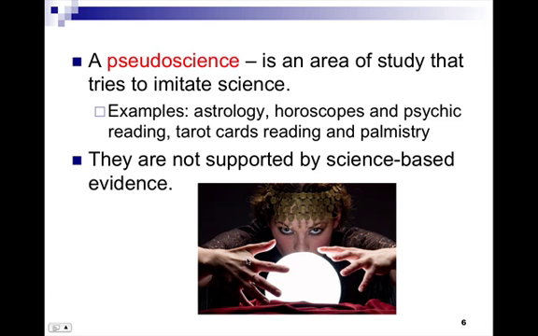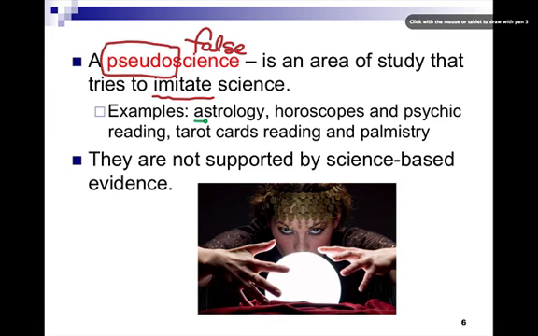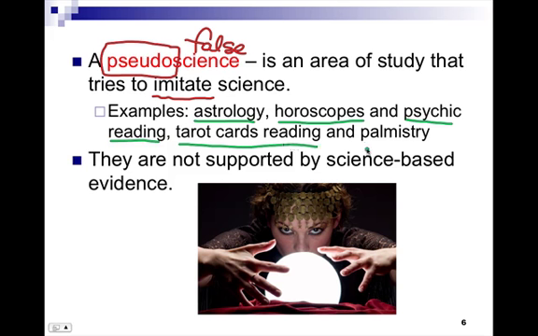Something that is not a science is what's called pseudoscience, and pseudo means false. So pseudoscience is an area of study that tries to imitate science. Examples are going to be astrology, your horoscope, psychic readings, tarot card readings, palmistry.